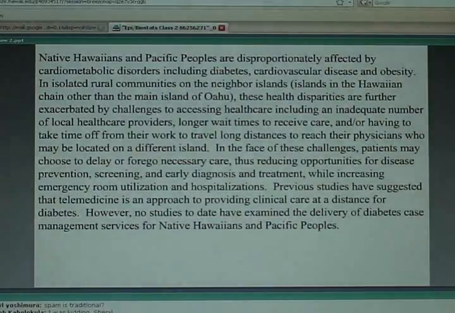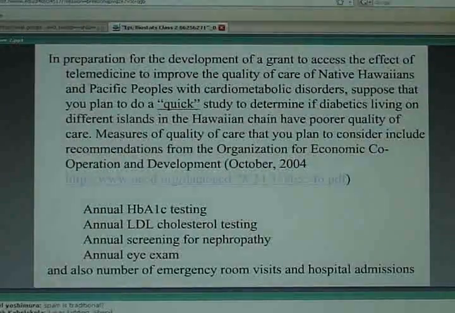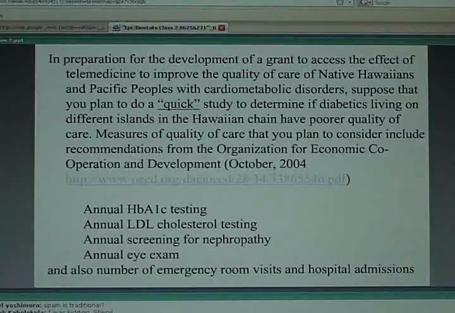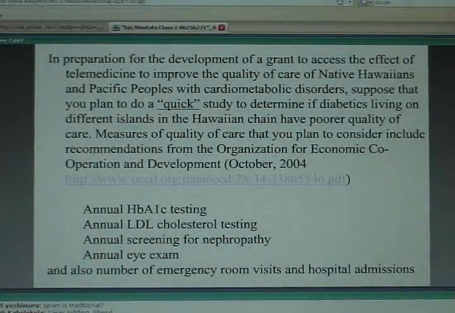You have a very small budget. I won't tell you how much it is, but it's something in your mind that's not enough to answer the question in the way you'd like to do the study. This is a quick early start to this research journey. And I want you to think about how you would design a quick study to answer the question whether the quality of care for diabetics is different, comparing diabetics on the island of Oahu to diabetics on the other 5 islands that make up the state of Hawaii.